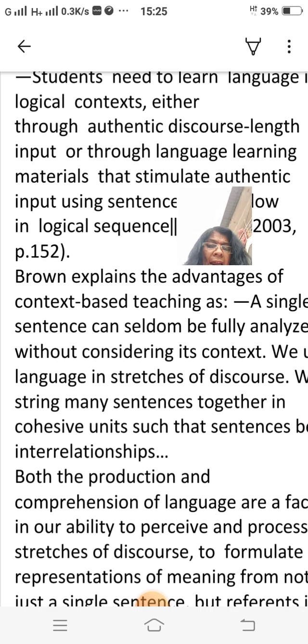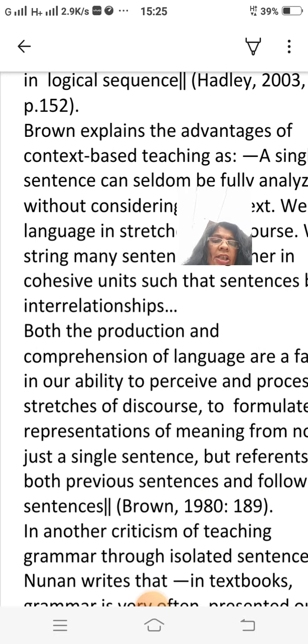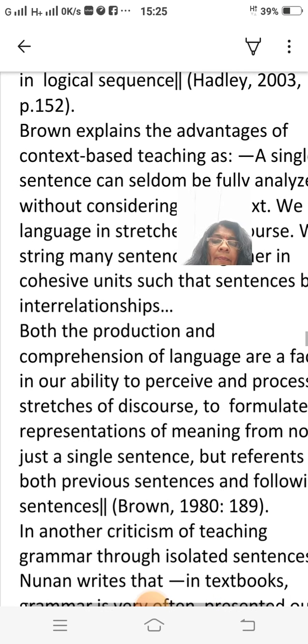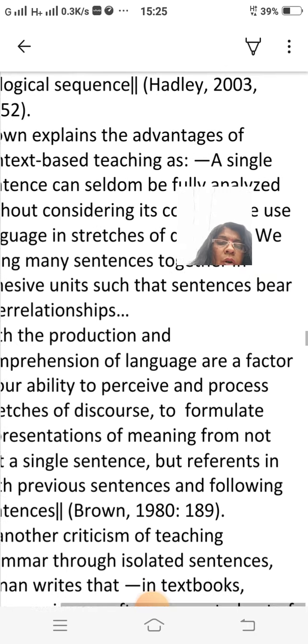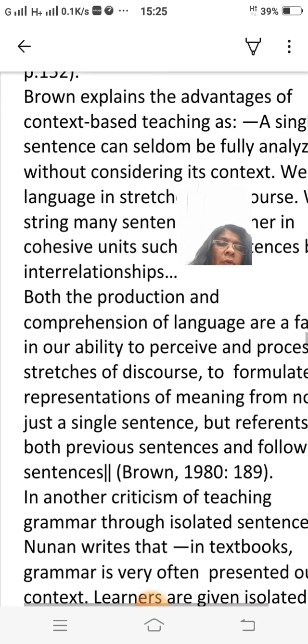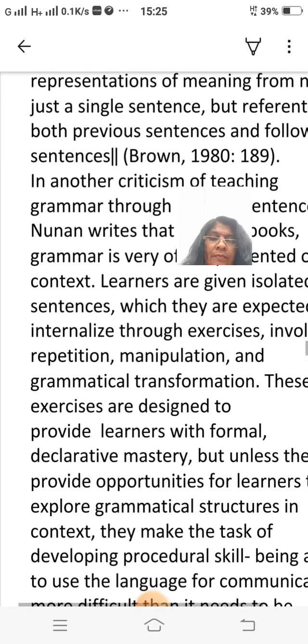Both the production and comprehension of language are a factor in our ability to perceive and process stretches of discourse, to formulate representations of meaning from not just a single sentence.